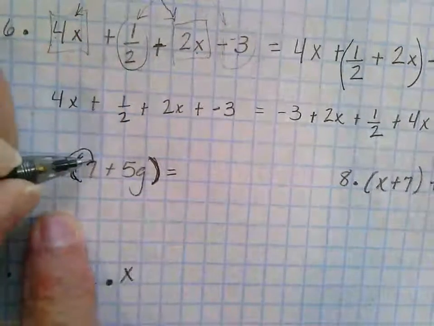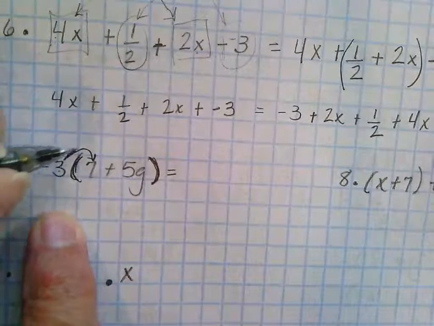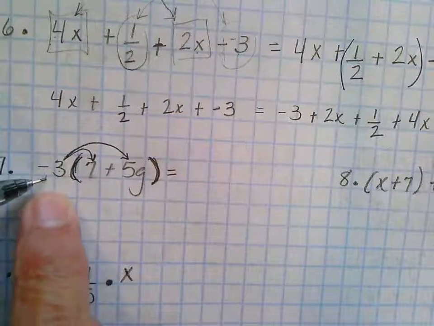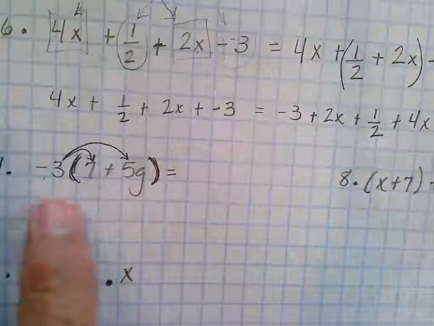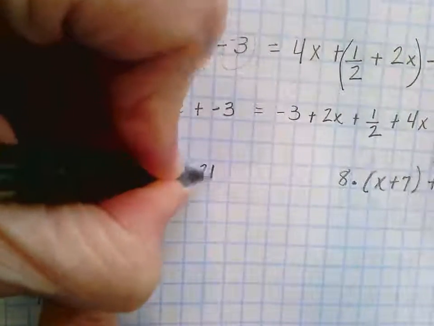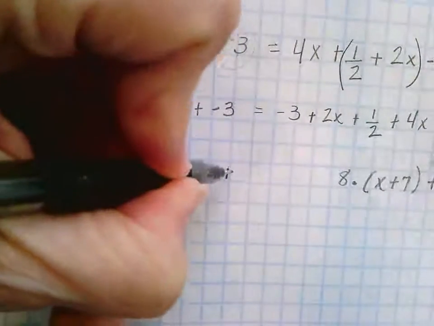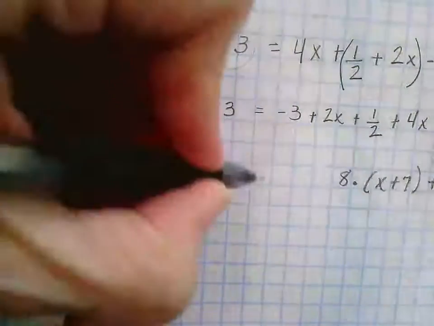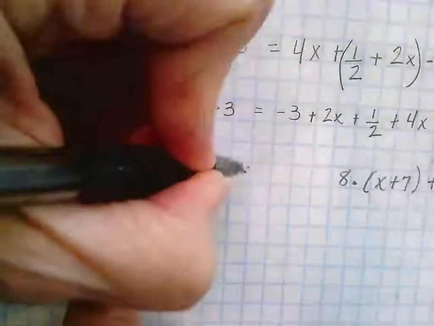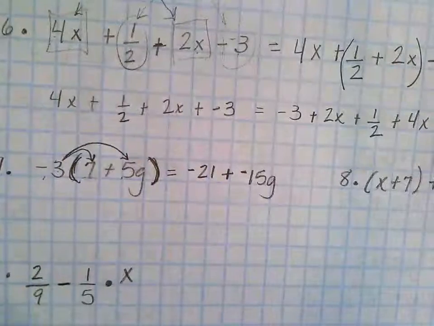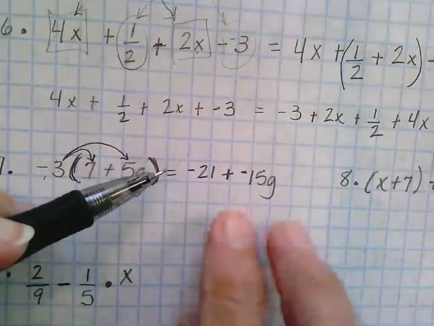So I'm going to use my arrows and I'm going to multiply -3 times everything inside the parentheses. -3 times 7 is -21. Going to bring over my plus sign. -3 times 5g is -15g. So this is the equivalent expression.